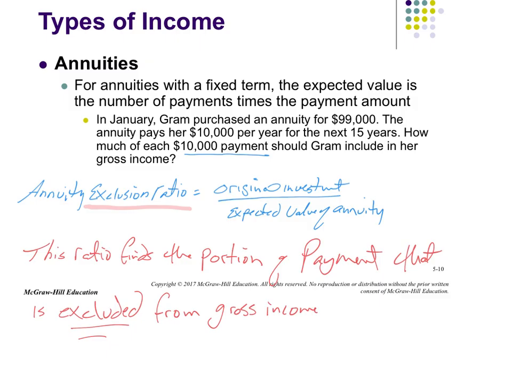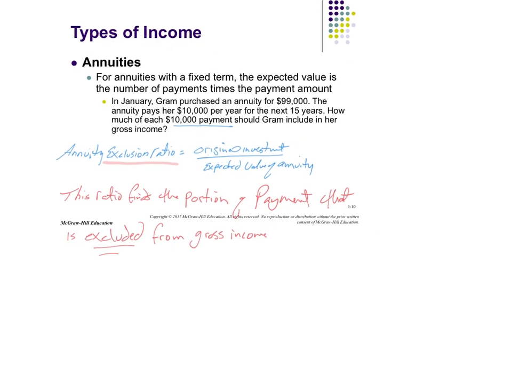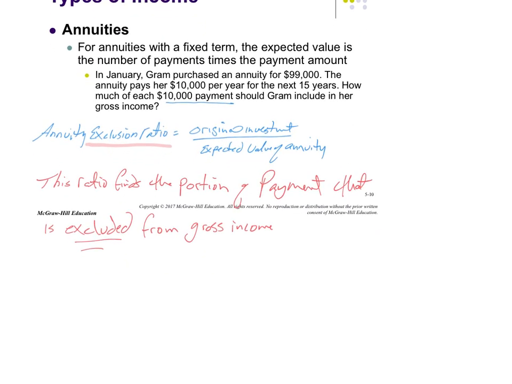So what you're finding with this formula is the non-taxable part. Let's talk about this particular example and run the numbers.